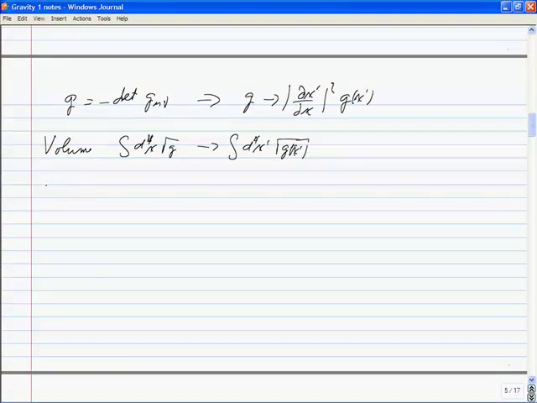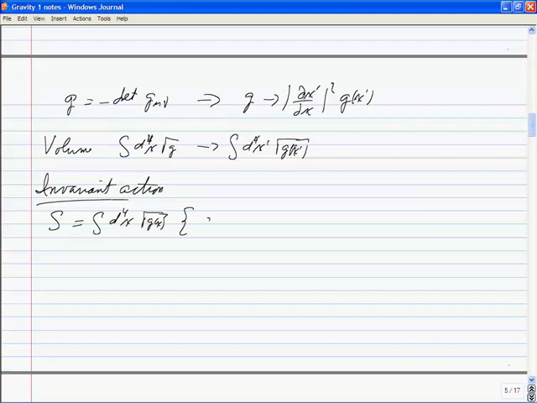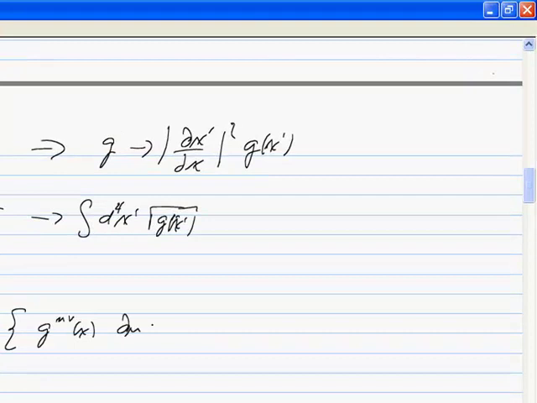Then the invariant action is just S is the integral d4x square root of g of x, g mu nu of x, d mu phi d nu phi minus m squared phi squared.